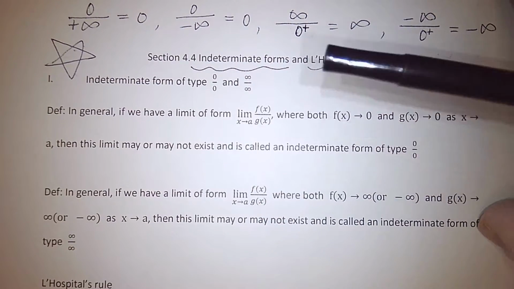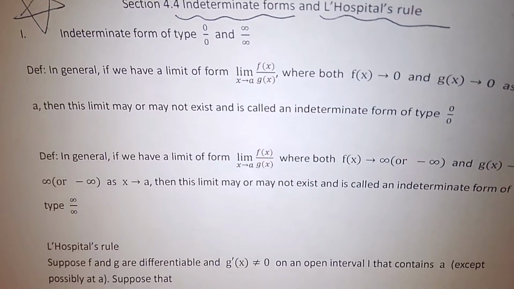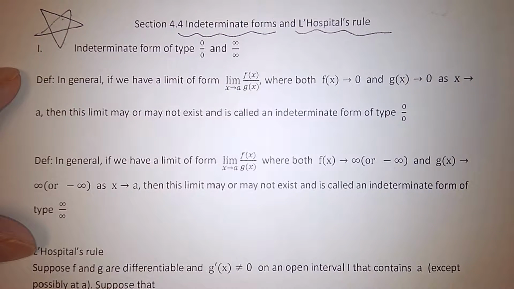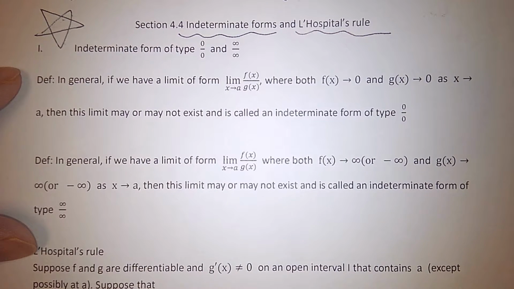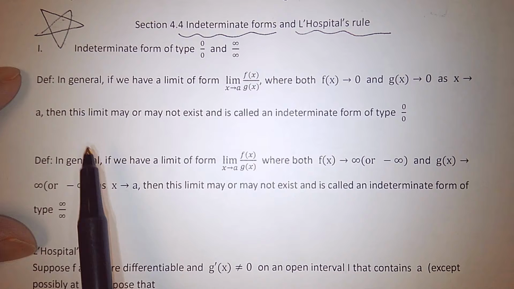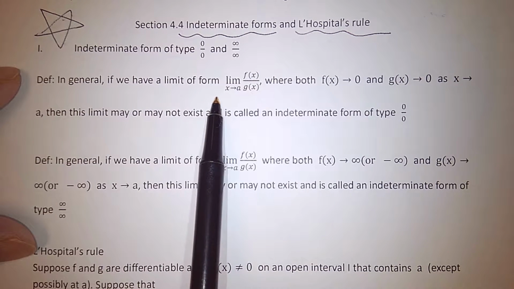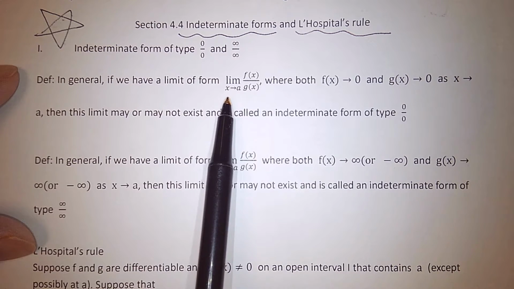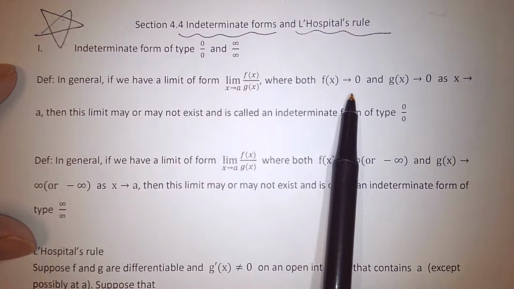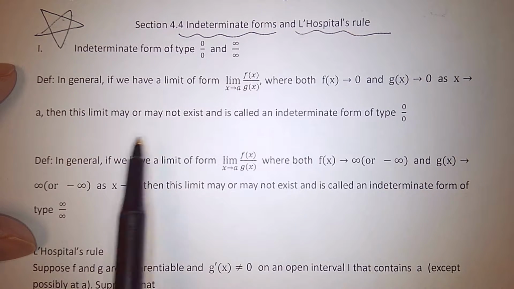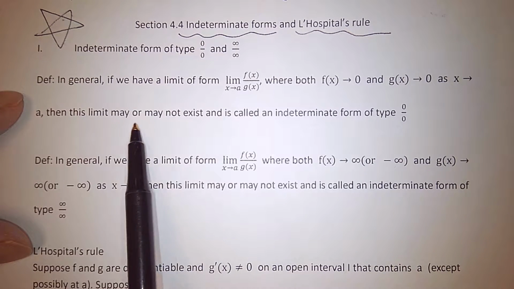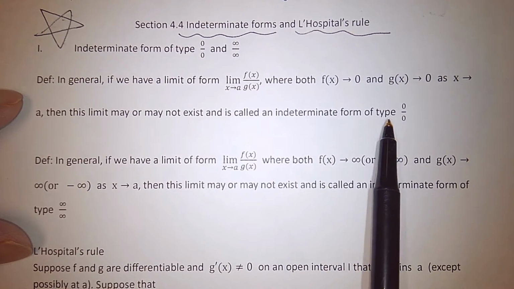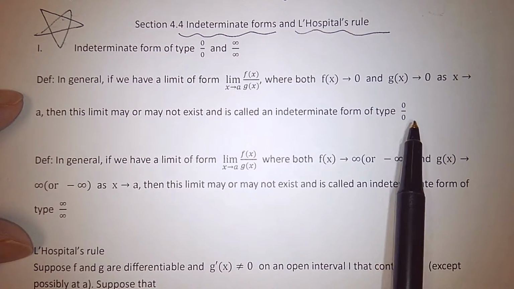I'm going to ask a volunteer to read just these two definitions for us. Who wants to read? Tanner? In general, if we have a limit of the form limit of f of x divided by g of x, where both f of x goes to 0 and g of x goes to 0 as x goes to a, then this limit may or may not exist and is called an indeterminate form of type 0 divided by 0.